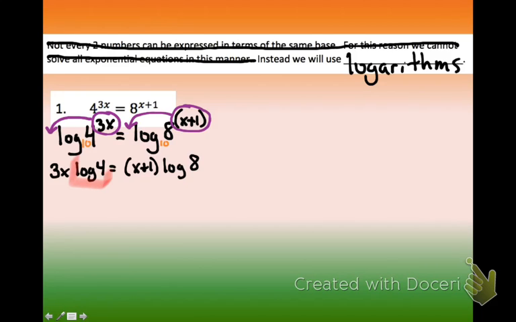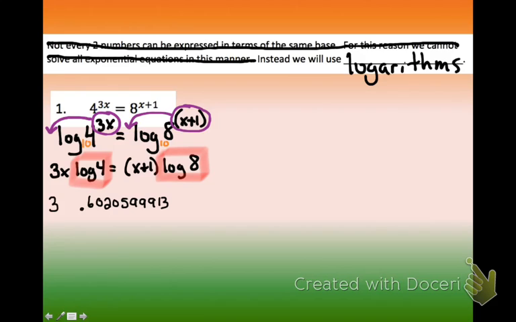The logs, this log right here and this log right here, are actually numbers. If you put log of 4 in your calculator, let me grab my calculator here. If I put log of 4 in, it gives me a number value. It gives me the number 0.60205999913.